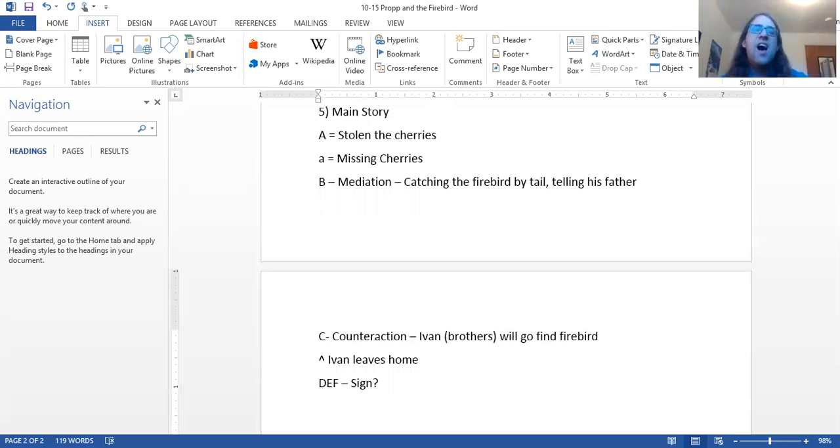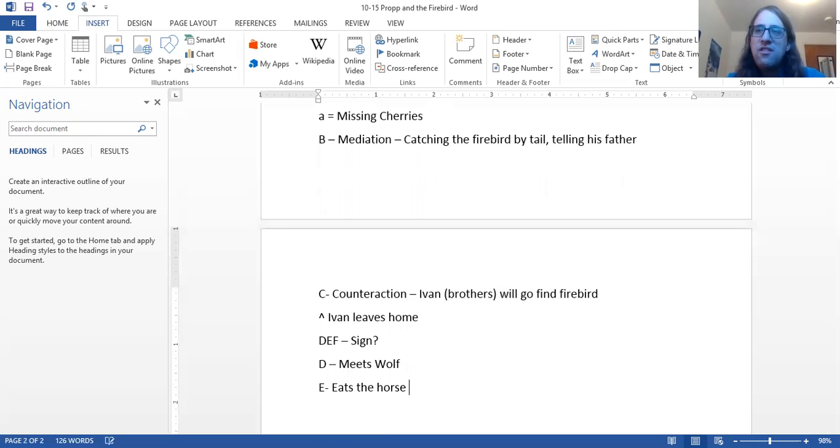But I think where we get into the real donor sequence is with our good friend, the wolf. And it's fun to have the wolf be such a helper in this story. The test is, of course, the wolf eats the horse, which, of course, Prince Ivan knew would happen because of the sign.